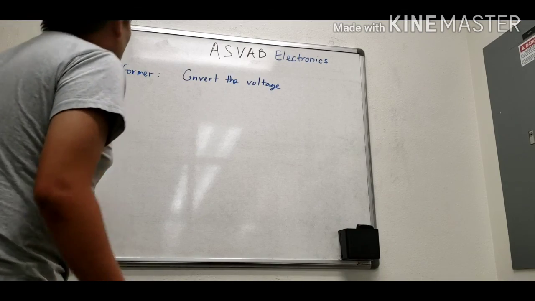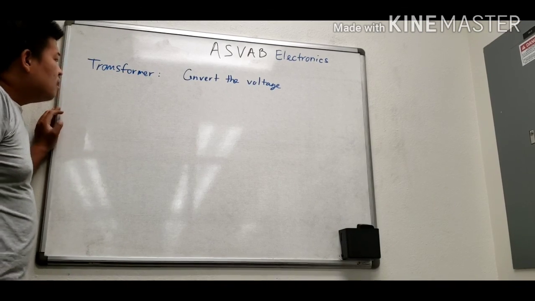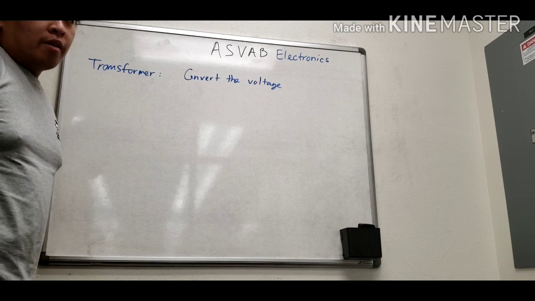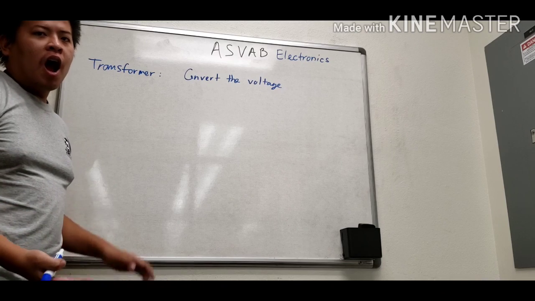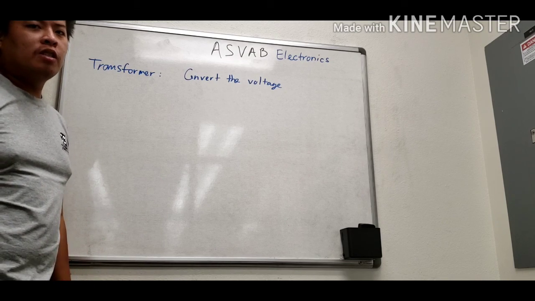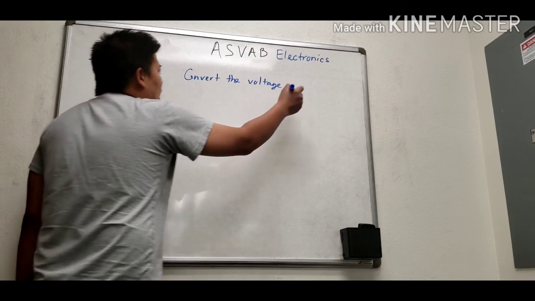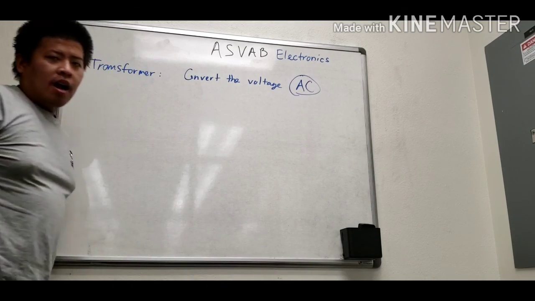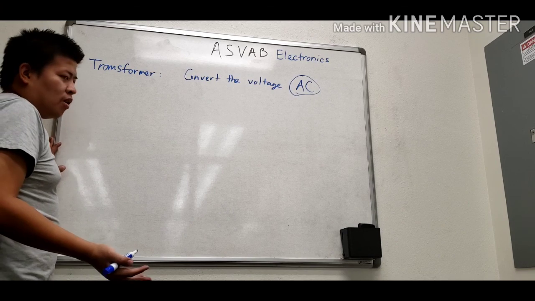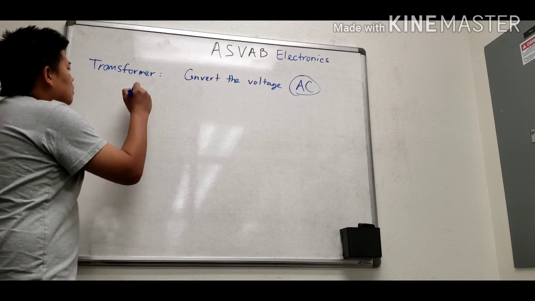The next one, I will talk about the transformer. The transformer just changes the voltage. For example, we transform from high voltage to low voltage. This is used for AC. And we have the formula of the transformer.